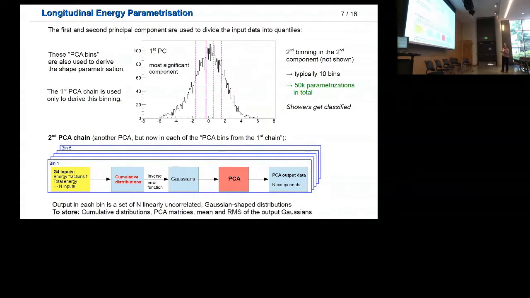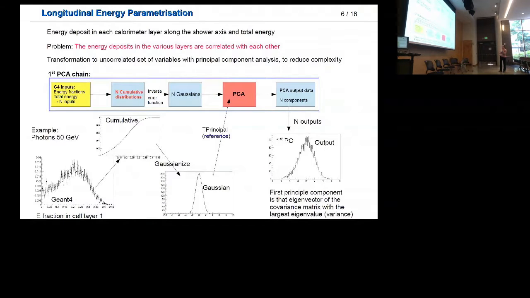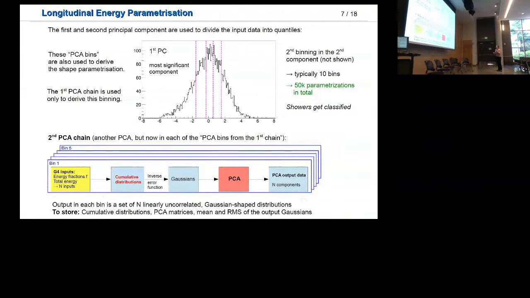We have now constructed these bins, and then we call a second PCA chain in each of these bins. It's just like the previous one. What we need to store from this method are these cumulative distributions, the PCA matrix, and also we store the mean and sigma of the Gaussian distribution out of the PCA.